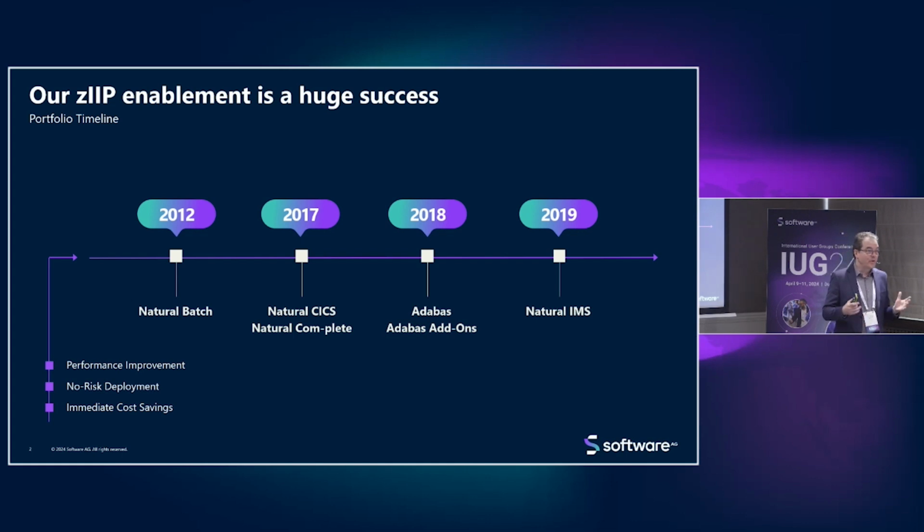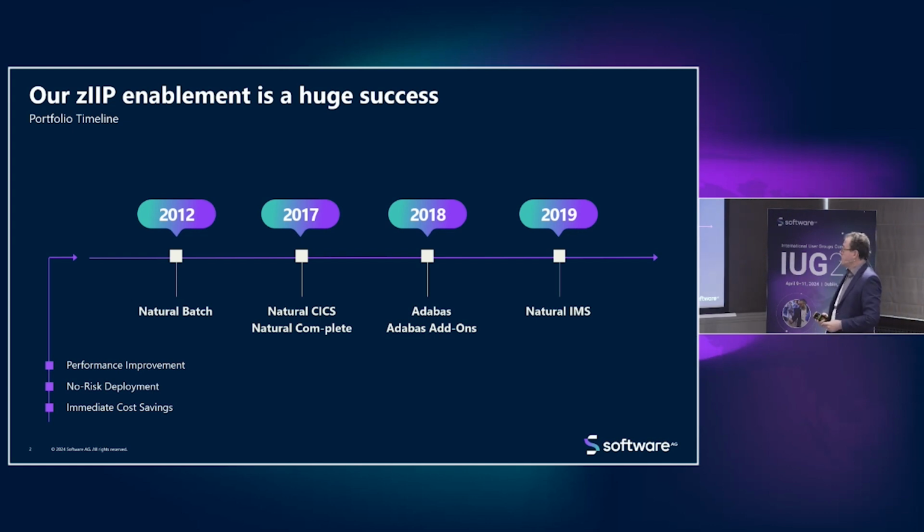That was really key, because then we can have what we call internally a full zIIP stack, meaning batch processing with Natural, Adabas databases, and some of the add-ons that I will comment on, but also the online part. So that completes the picture, the nice picture that we typically challenge the customer to have a look at.